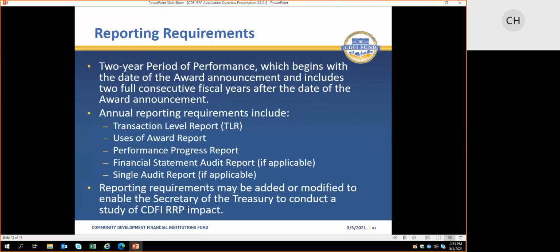Organizations will be required to submit transaction level reports, uses of award reports, performance progress reports, financial statement audit reports if applicable, and single audit reports if applicable. Additionally, reporting requirements may be added or modified in order to enable the Secretary of the Treasury to conduct a study of the CDFI RRP program's impact.